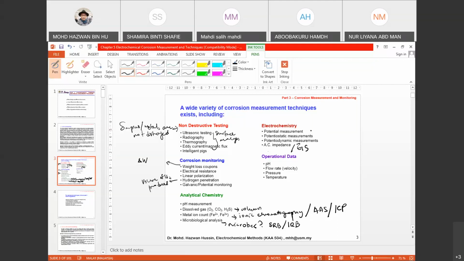So potentiostatic and potentiodynamic measurements are categorized as destructive measurement or testing, while EIS is categorized as an electrochemical method which is non-destructive. Other things will be the operational data: pH, flow rates, and also pressure and temperature.